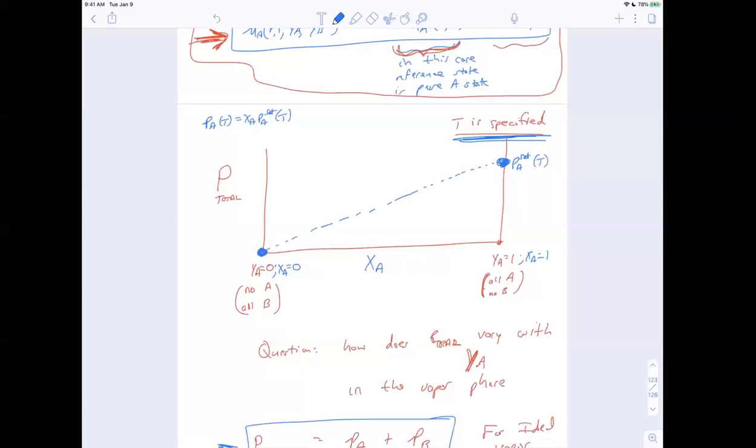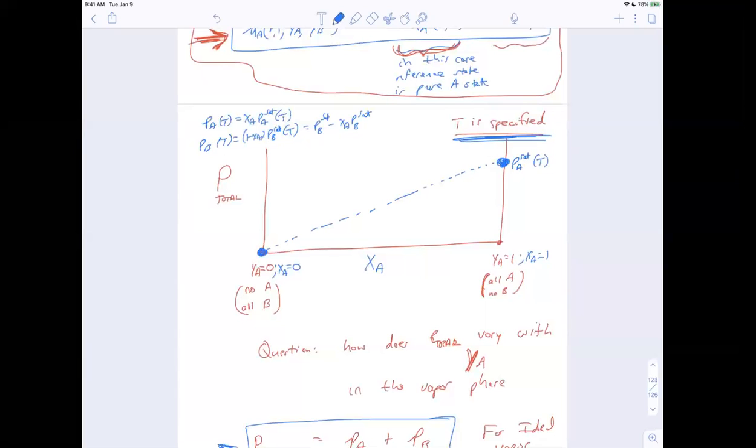Now P_B is equal to 1 minus x_A times P_B sat at T. That's just going to equal P_B sat minus x_A times P_B sat, if I've done the multiplication.